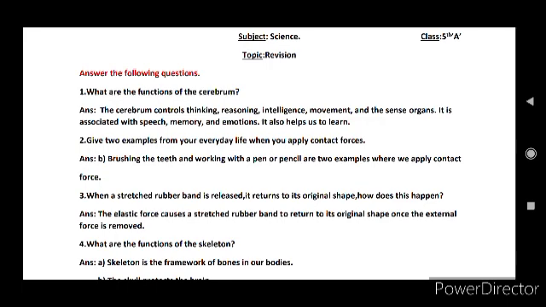This elastic force is also a contact force. When the rubber band is stretched, it resists the change in its shape. The force the rubber band exerts in the opposite direction is called elastic force.